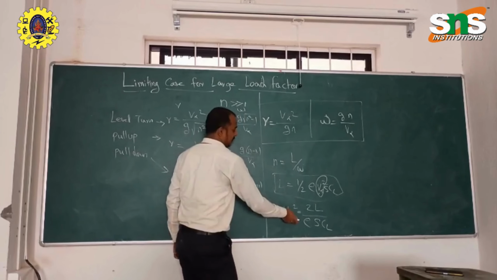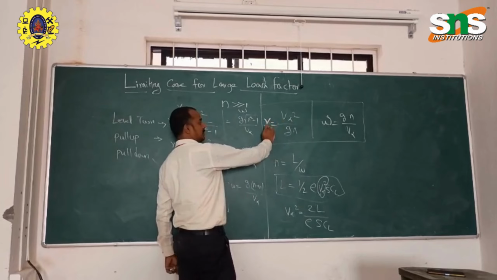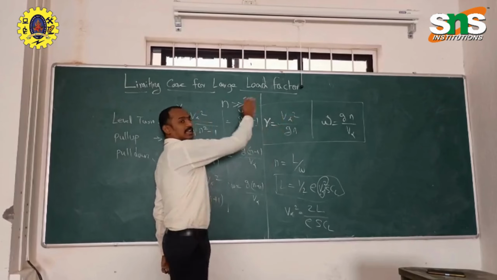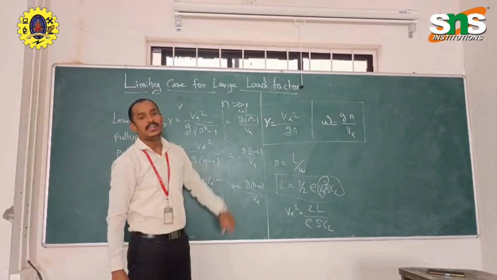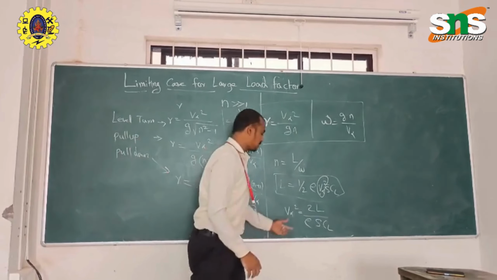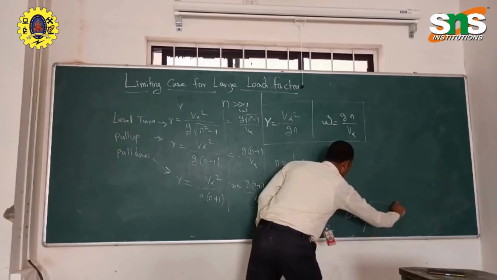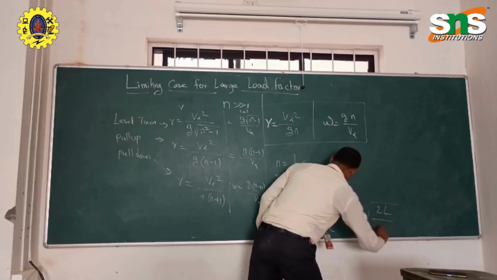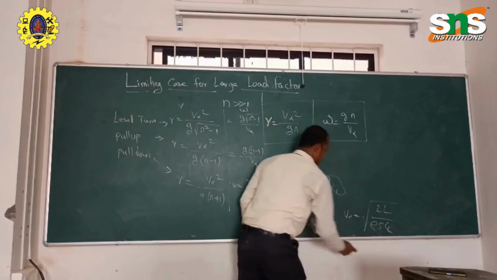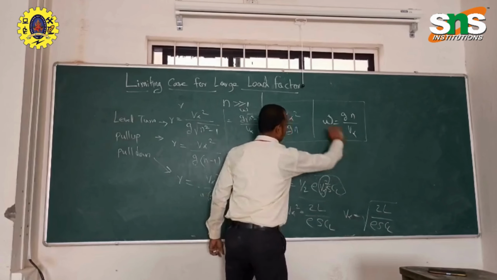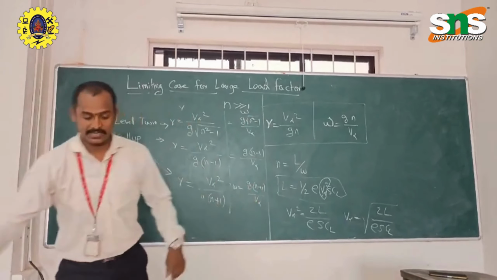We can substitute this V infinity in the turn radius equation and rearrange it to get the turn radius as well as the turn rate. Similarly, V infinity is equal to root of 2L divided by rho S CL.